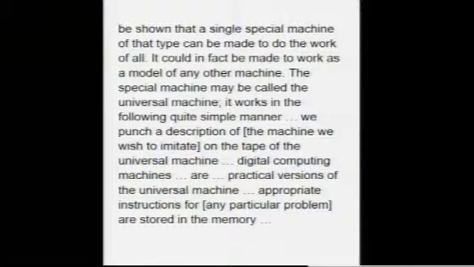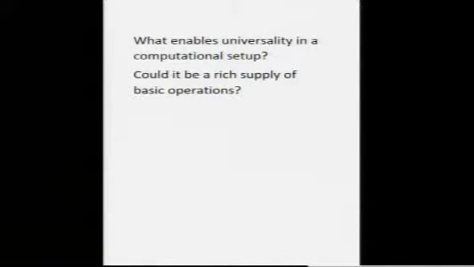To emphasize this point, which I think is really crucial: what is it that enables something that we might call universality, strictly speaking, approximate universality is what one should say? Is it a rich supply of basic operations? Well, my goodness, the abstract Turing machines have this tiny skeletal collection of operations.